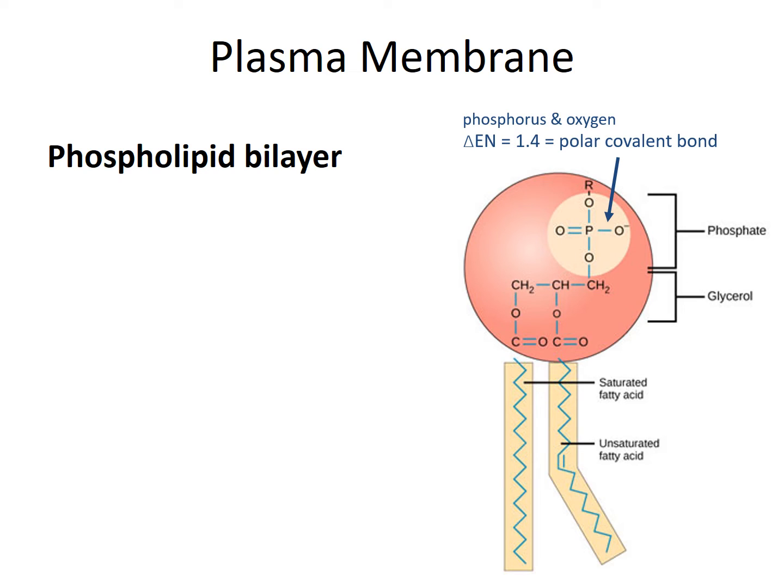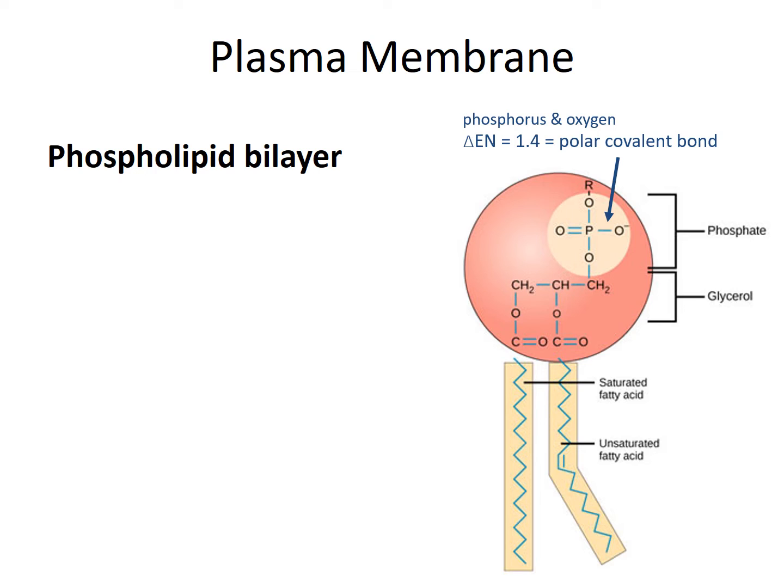Here's how that works. You'll notice that there is a red ball. I'm going to call this the head of the phospholipid. And then there's 2 fatty acid legs, so it looks a little bit like an alien. This pink or red head of the alien contains a chemical group called a phosphate group.